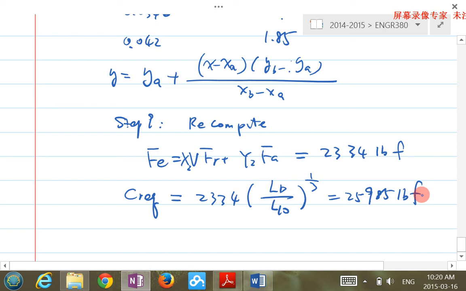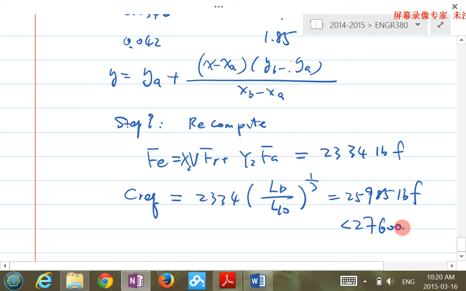This number you compare to the bearing that you picked. Now guess what? It's still less than the C10. So you can settle on this last step, saying the bearing that we just picked, 6316, is good.